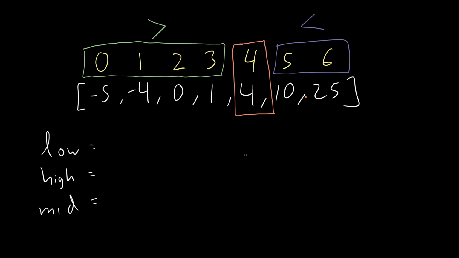For example, if you land here, you know you have to go this way because the arrow tells you to. Basically, if you land somewhere where the index is bigger than the value, you go to the right. If you land here, then your index is smaller than your value, so you go this way until you find your value, or if you don't have any value, you return none.